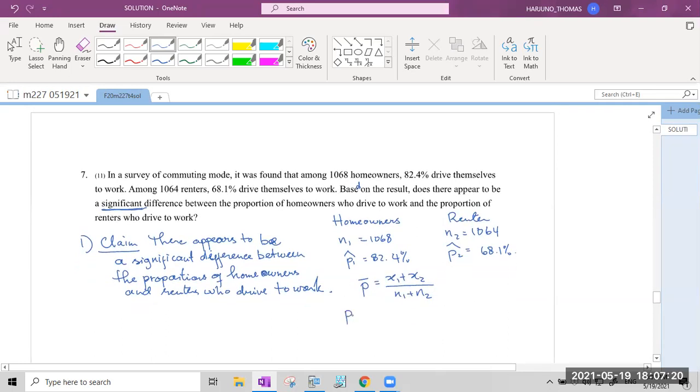Remember that p1 hat is actually x1 over n1, which means x1 is n1 times p1 hat. That's 1,068 times 0.842. I get 899 point something.